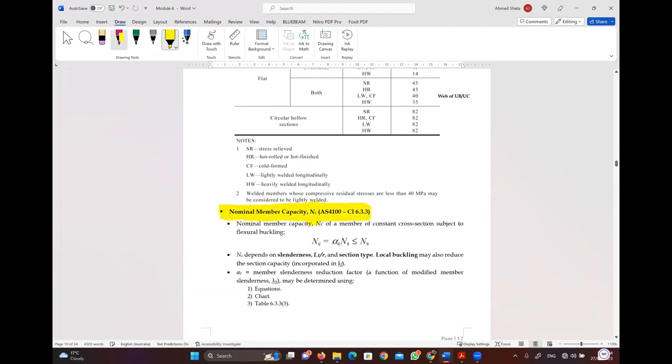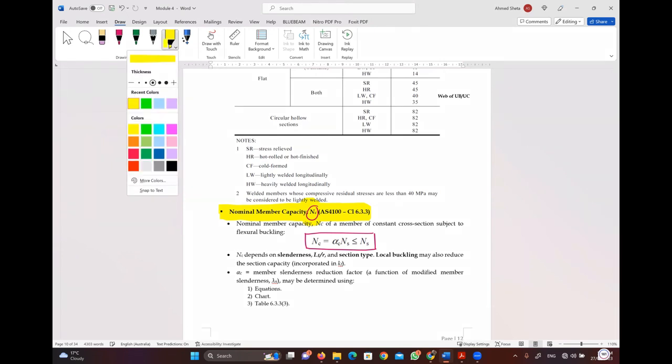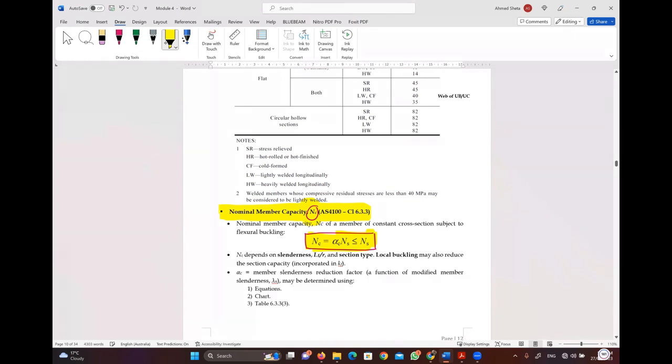So the nominal member capacity, Nc, is using this formula, Nc equal to alpha Ns less than or equal to Ns. So now we need to find the value of lambda c.